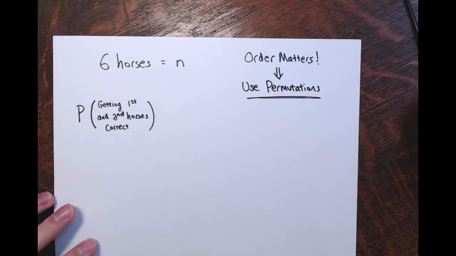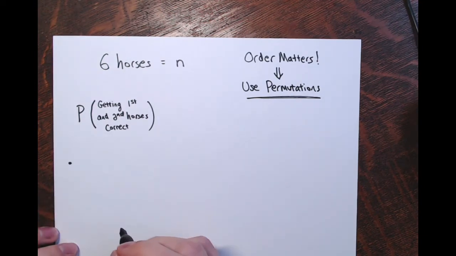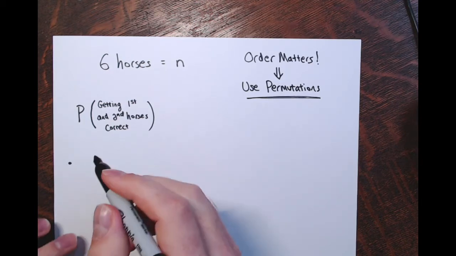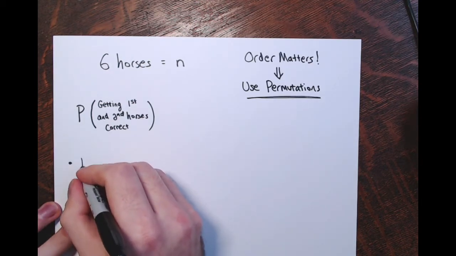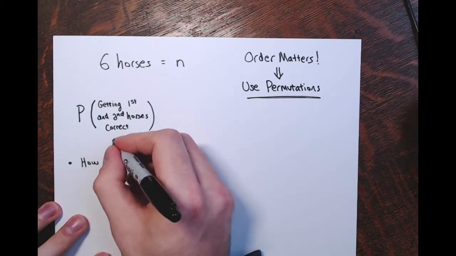So first, I'm going to count how many ways could I select the first and second horse in the correct order. So how many ways can this event happen?